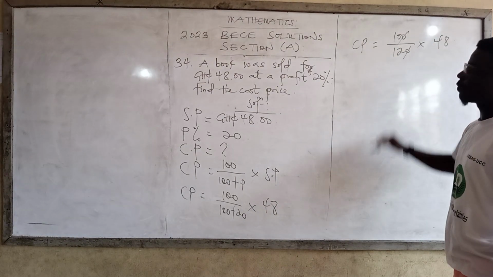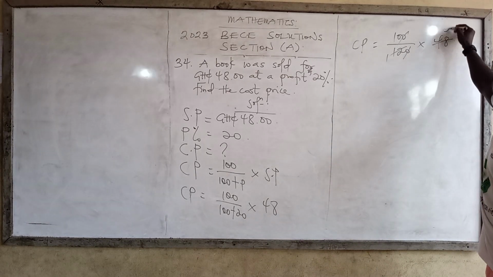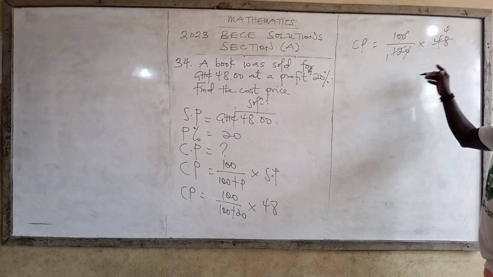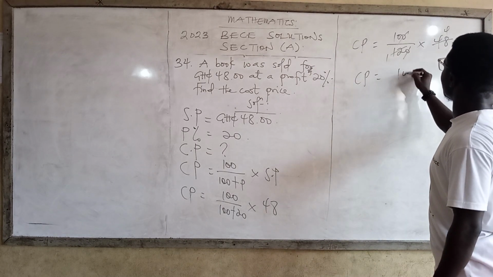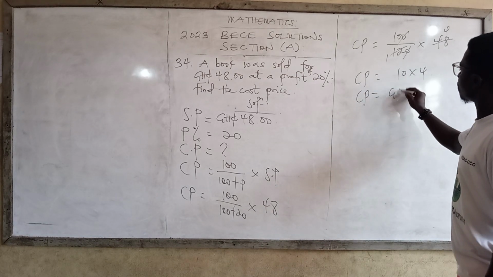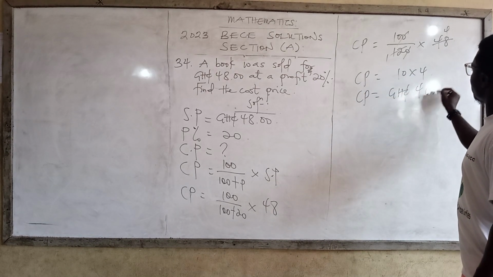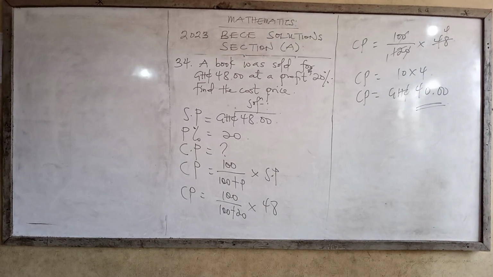Zero cancel zero. 12 here, 1 into 48, we have 4. Then I have my cost price being equal to 10 times 4. So the cost price equals 40 Ghana cedis, which is very simple and very trivial.